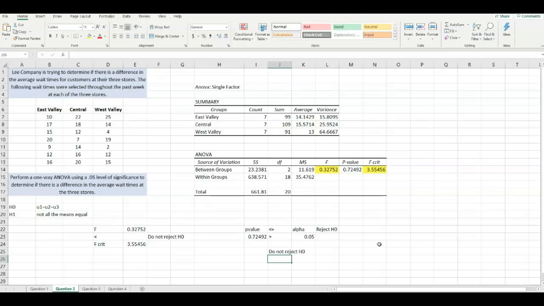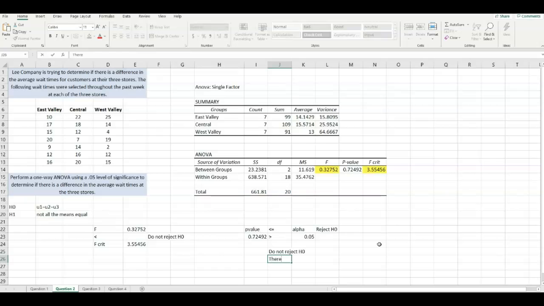We need to now figure out what that means, because just saying reject the null or do not reject the null doesn't explain what's happening. So if we are not rejecting the null here, that means that there's not enough evidence to show that the wait times between the 3 different stores are different, right?